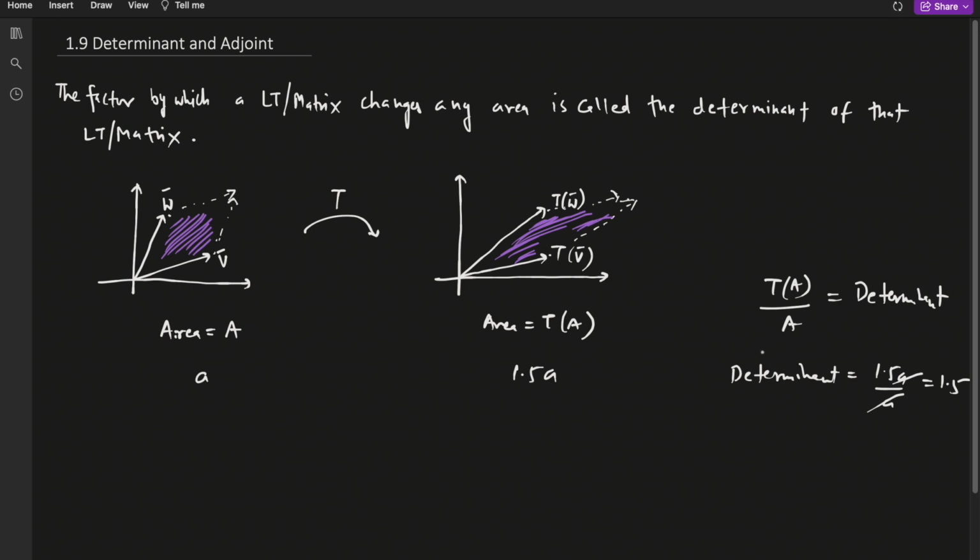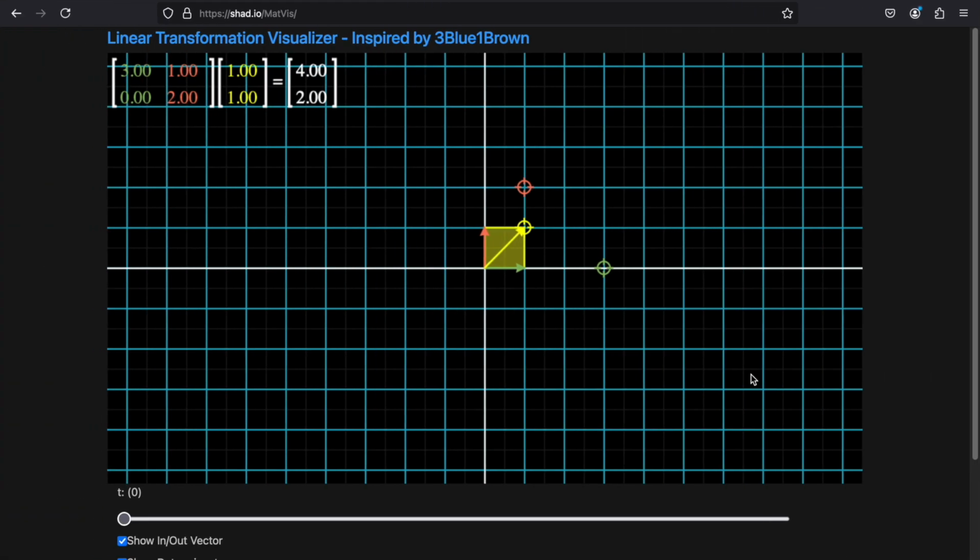All right. So this is what a determinant does. This is what determinant means. That is the factor by which your linear transformation or its representative matrix is changing the area of the input vector space is the determinant. Now we will see a visual interpretation of it.